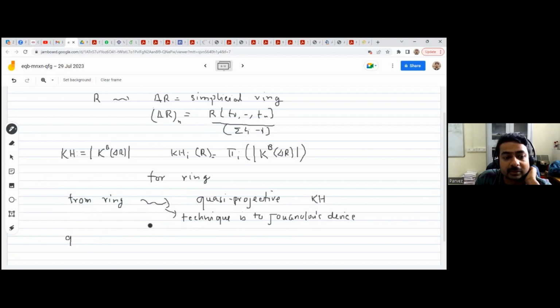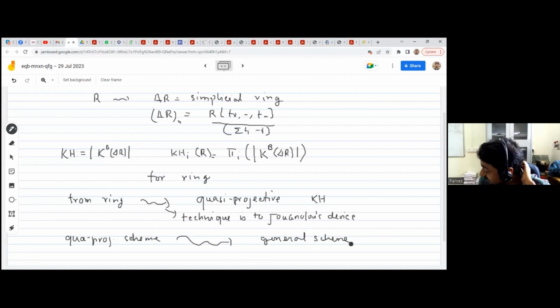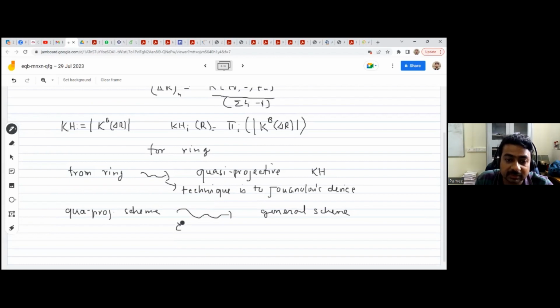From quasi-projective schemes to general schemes, for this he has to prove something called Cech cohomological descent, which he proves in the paper.